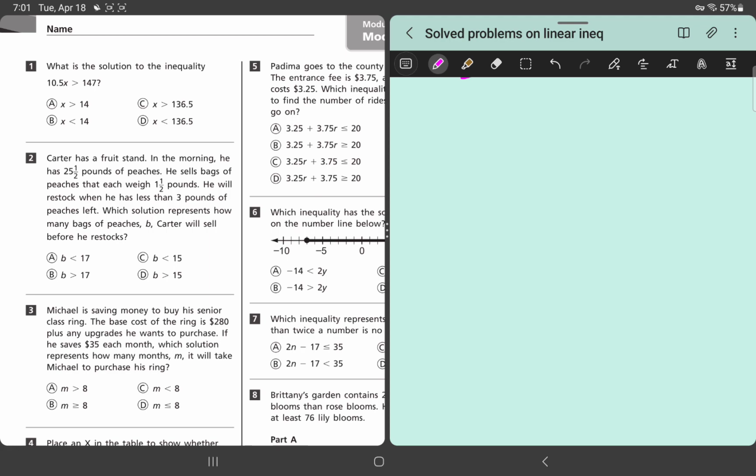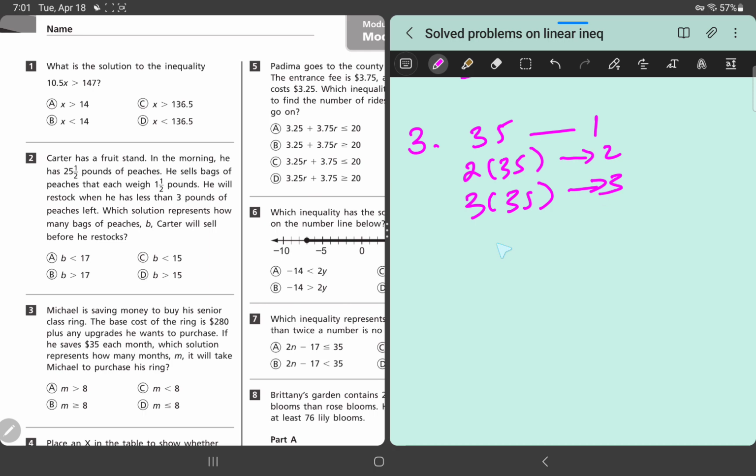If he saves $35 each month, which inequality will represent how many months it takes for Mikhail to purchase his ring? So number 3, the most important expression is that he is going to save $35 for 1 month, 2 times $35 for 2 months, and 3 times $35 for 3 months.